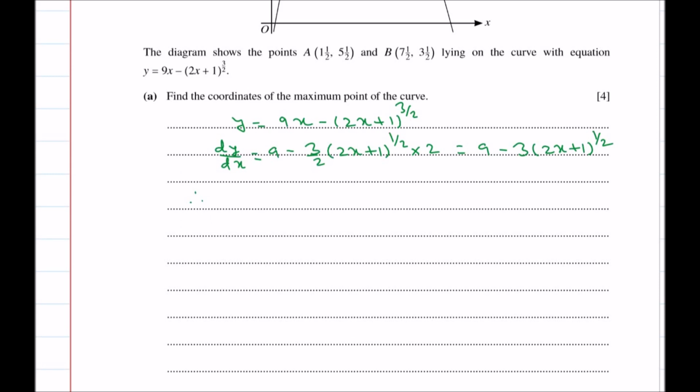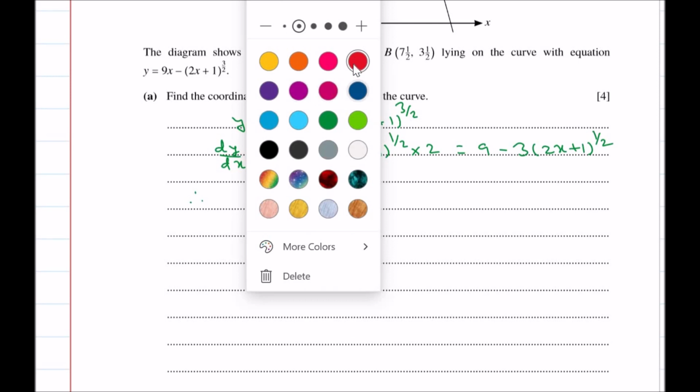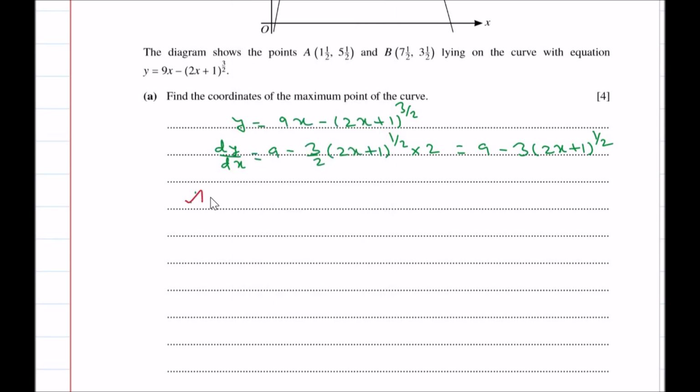So therefore, at maximum dy by dx equal to 0. This implies that 9 minus 3 times 2x plus 1 to the power half is equal to 0.